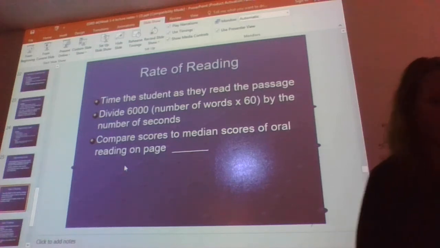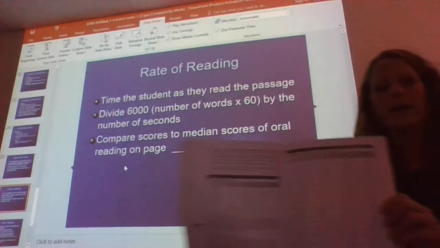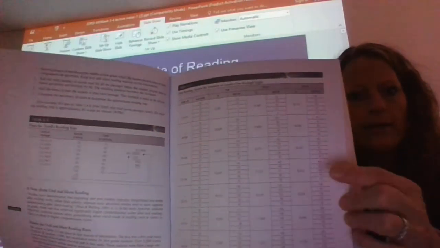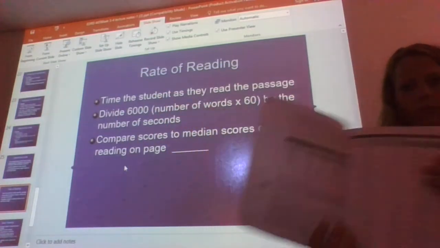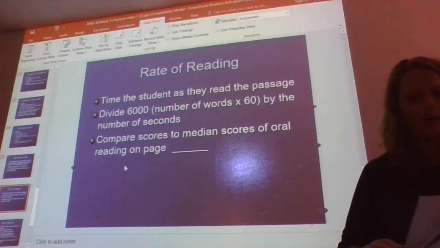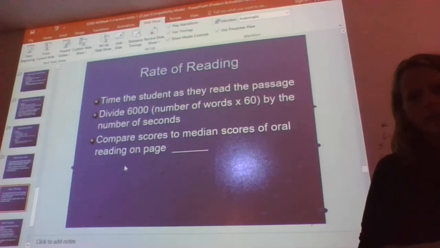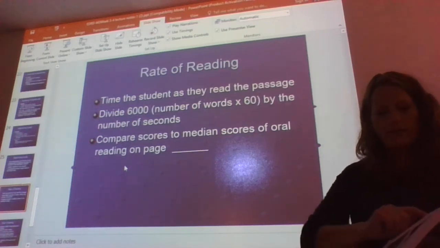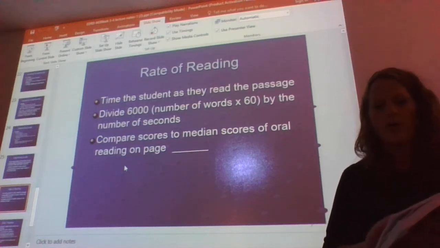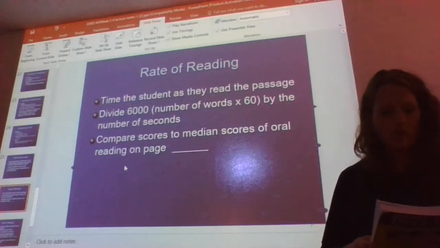And the norms for the reading rate are on this page. They look like this, and that is page 43. And on that page, you'll go to the grade, and then you'll slide across to the number of words they read, and the percentile will be there for fall, winter, or spring. Right now we are in spring norms, so that's what you'll use.